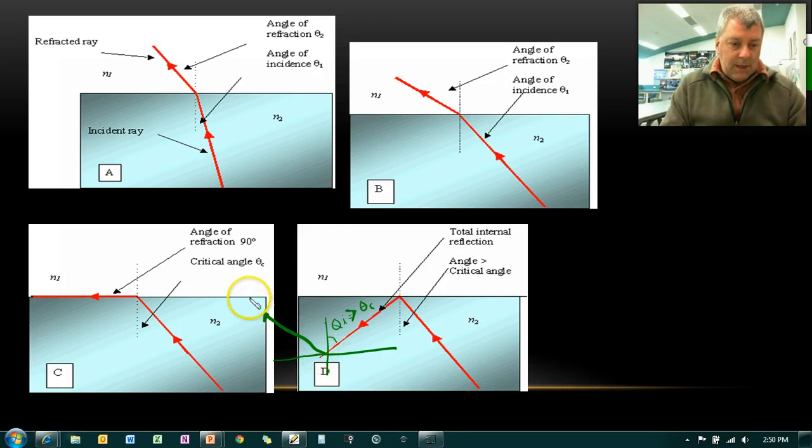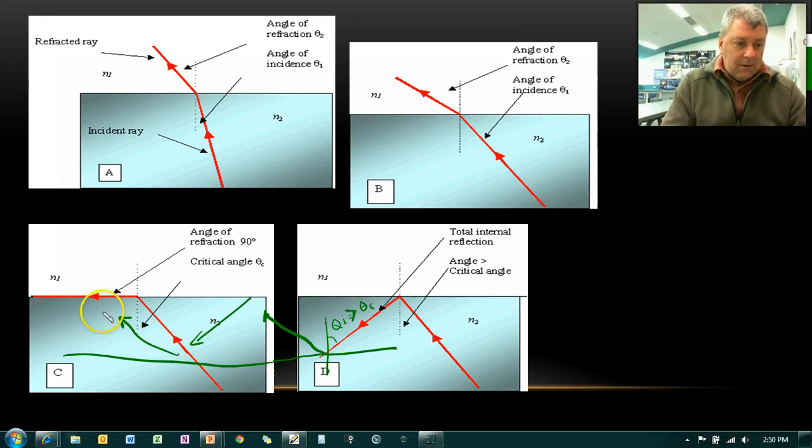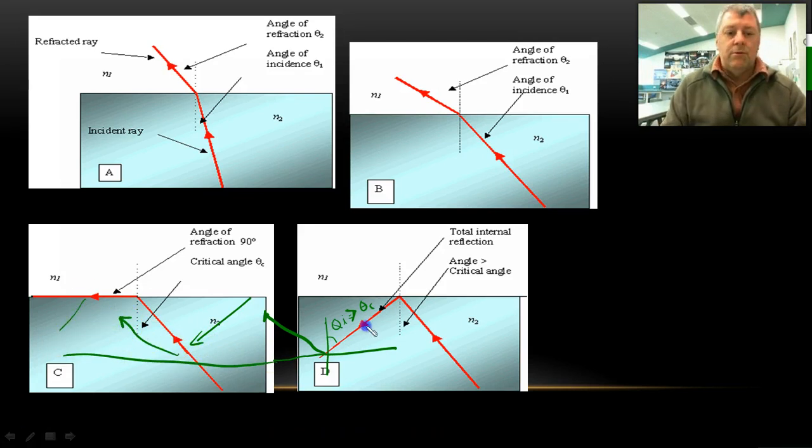And so if it keeps hitting interfaces, it will keep bouncing along on and on through the medium. And that's what we do with fibre optics, and we'll talk about that in a sec.